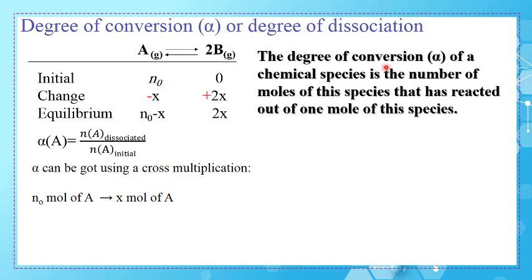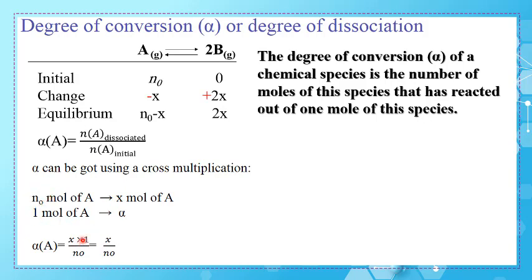Now, according to the definition of alpha, the degree of conversion of the chemical species is the number of moles of this species that has reacted out of 1 mole. Here we have N0 of this species, so out of 1 mole of this species, what would be the conversion? It would be alpha. Applying a cross multiplication, alpha of A will be X times 1 divided by N0.